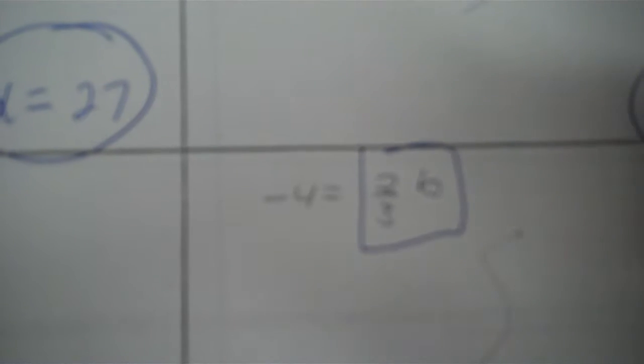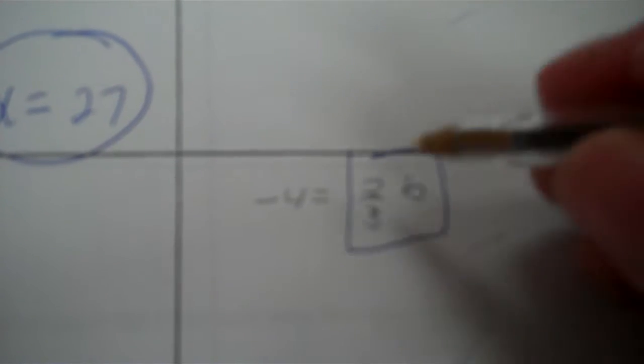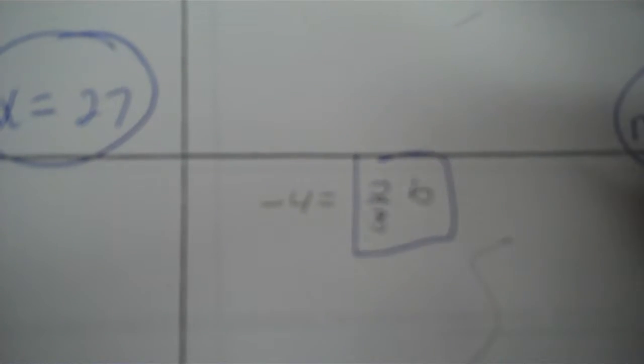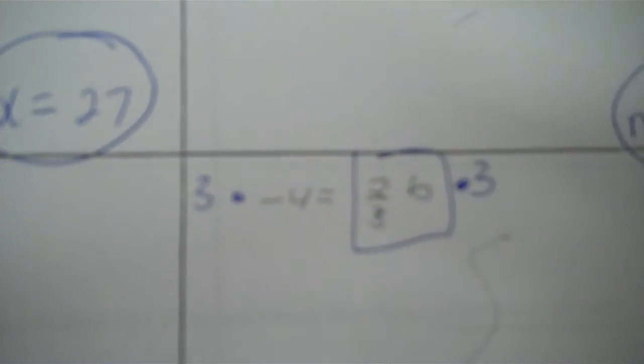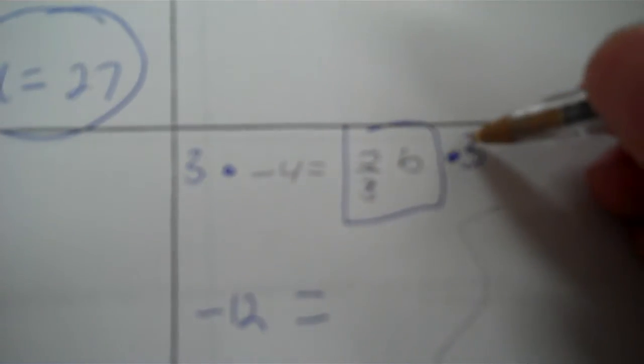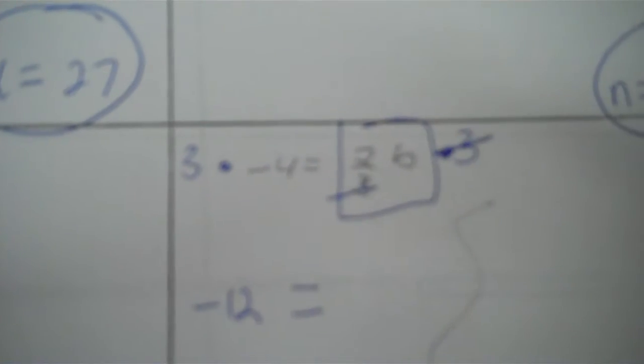Okay, -4 equals 2/3 b. Okay, now there's nothing going on outside, but I have a 3 and a 2 I need to deal with inside. So let's deal with the 3 first. That's beneath a line, so I times both sides by that 3. Over here, 3 times -4 is -12, and all that happens here is that and that go away.